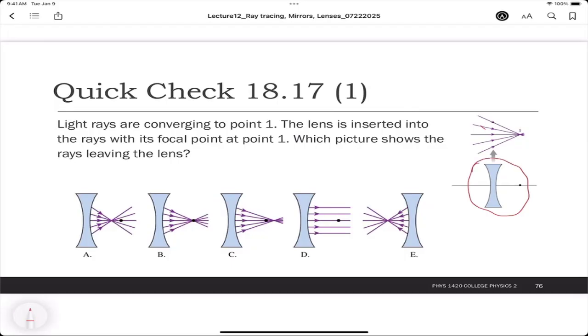It's a divergent lens or a convergent lens? Actually it's a divergent lens. Am I right? So for the divergent lens, those rays will be parallel to the optical axis. That makes sense to you. So it is D.